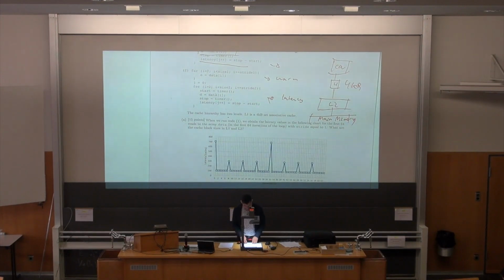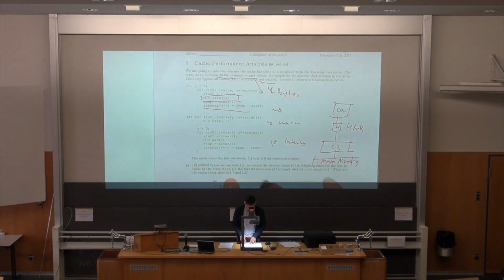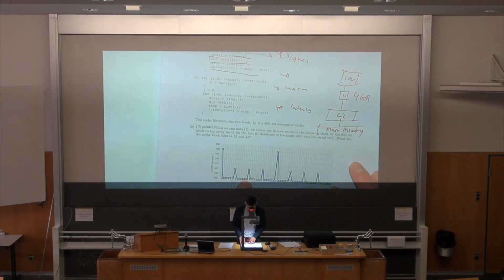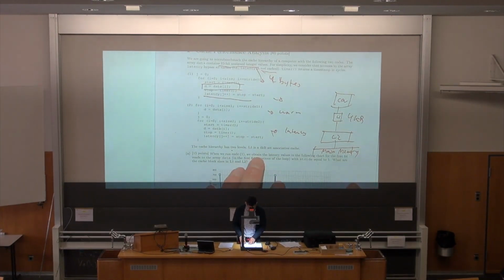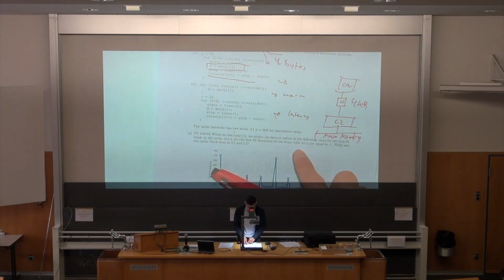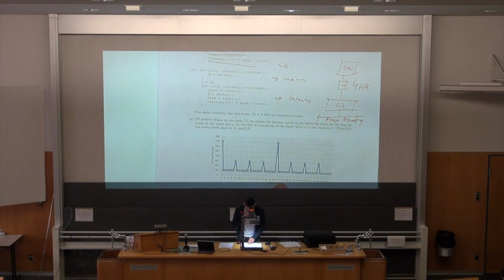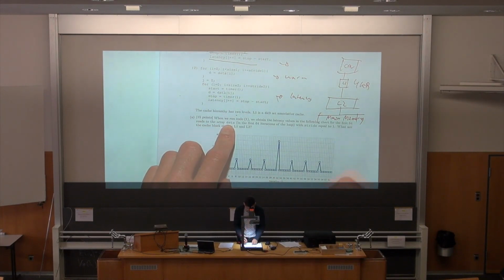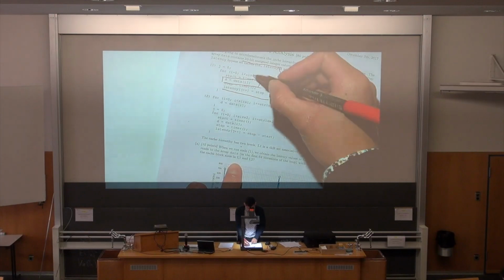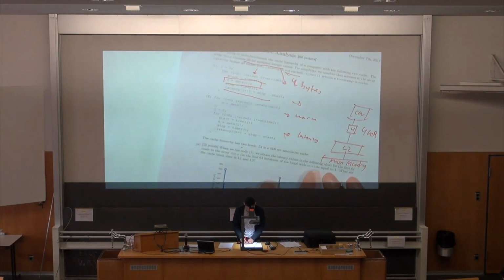So in the first question, they say that we are running code 1. So basically, we are not warming the cache at all. And you obtain the latency values in the plot below for the first 64 reads of the array data, so the first 64 iterations of this loop here, and the stride is equal to 1.